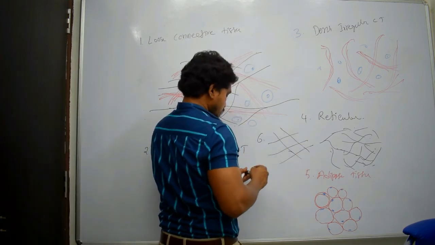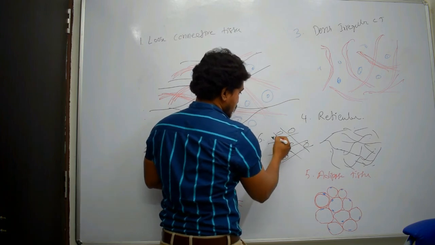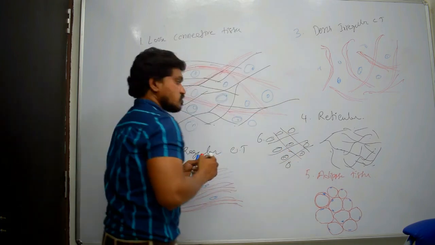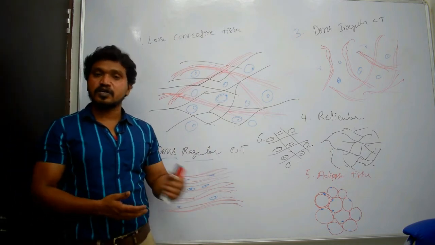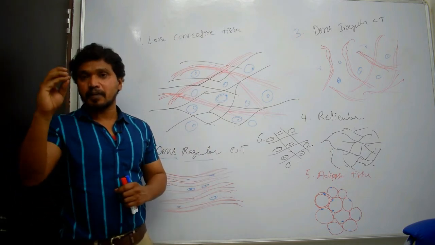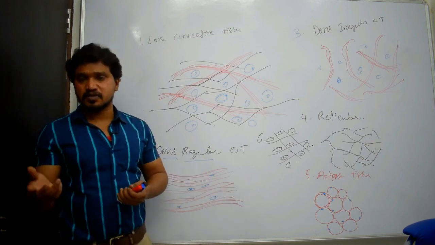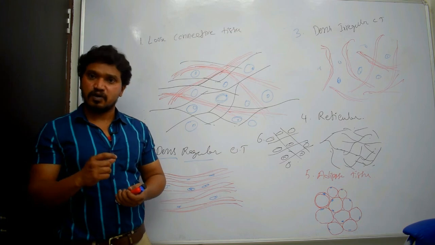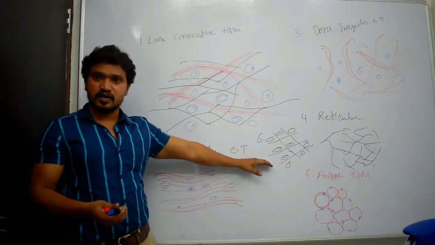A few collagen fibers, fibroblasts, and also mesenchymal cells are present. Where can you find it? In the pulp of developing tooth and umbilical cord. Of course, we can give some other examples also, like the vitreous body of the eyeball and nucleus pulposus of intervertebral discs. This is about mucoid connective tissue.